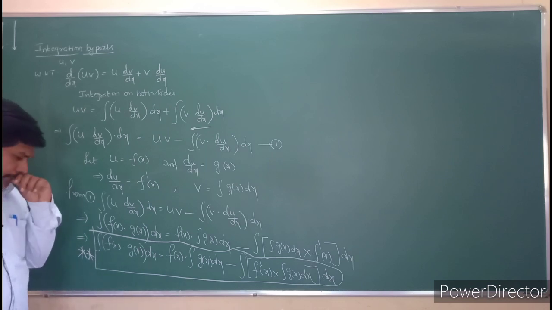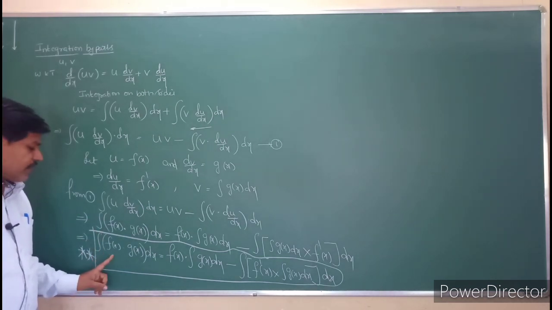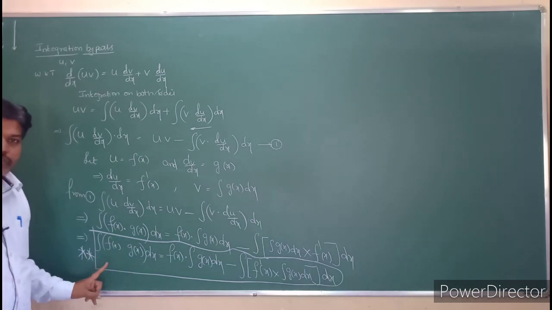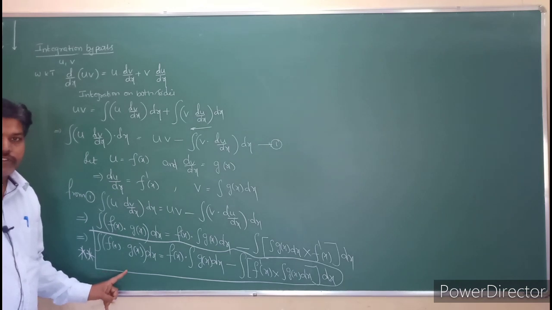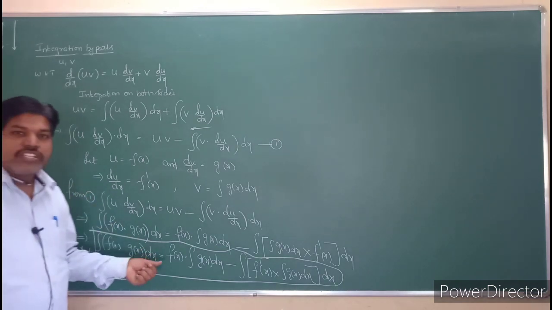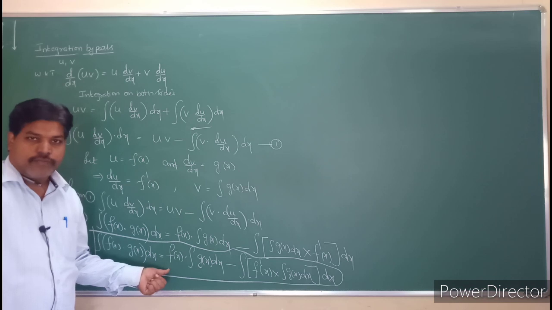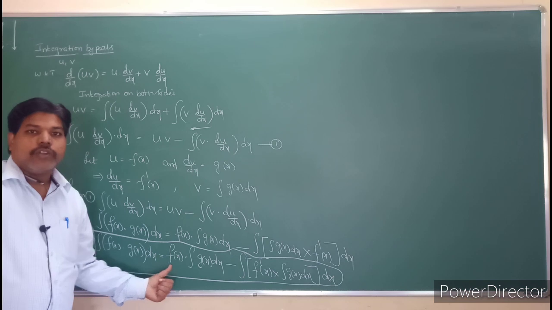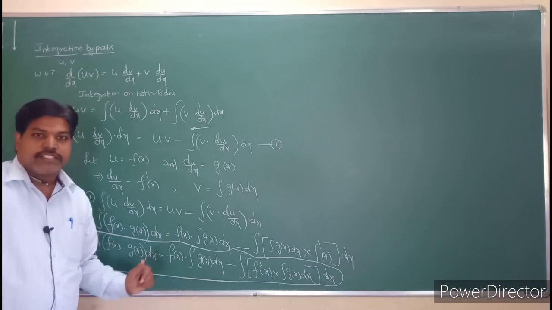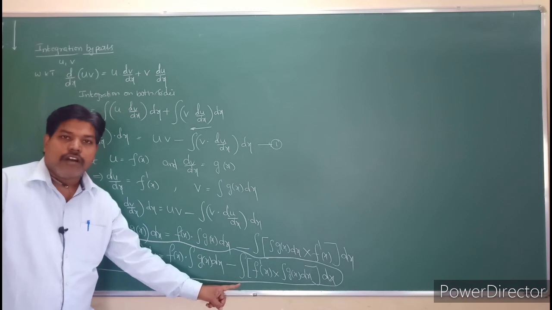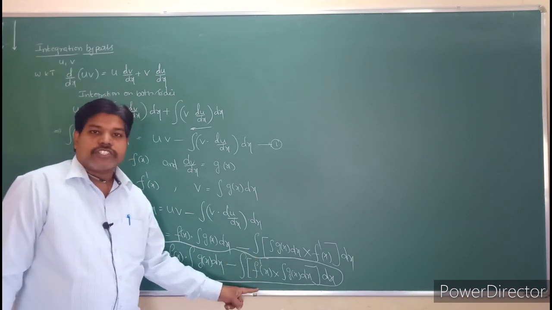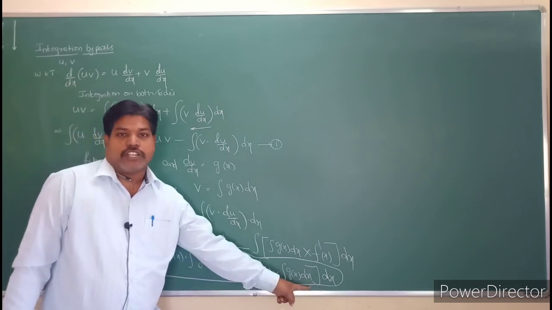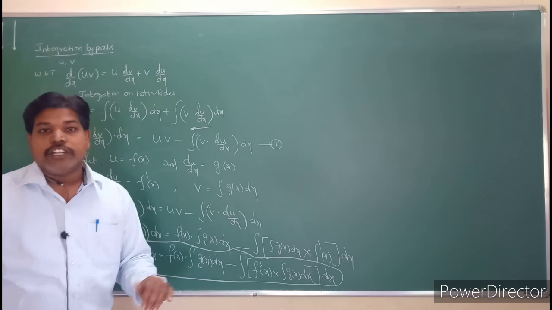See this one: the integral of f of x into g of x, where f of x is the first function and g of x is the second function. Then the integration is f of x, the first function, into the integral of the second function, minus the integral of the first function's derivative f dash of x into the integral of the second function into dx.